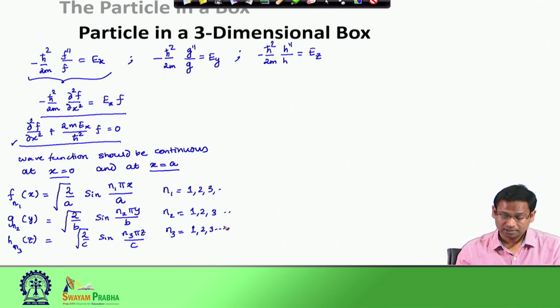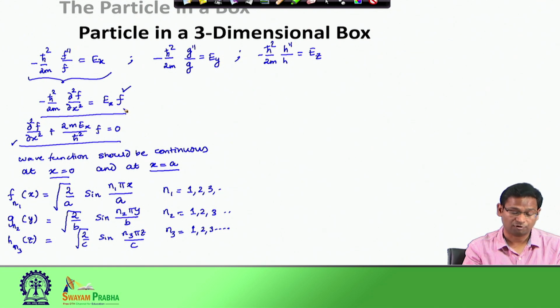What about the energy? We see that the energy corresponding to the Schrodinger equation for f function is E of x.